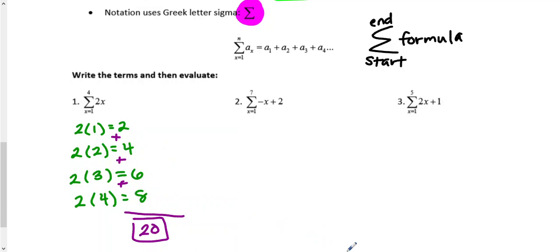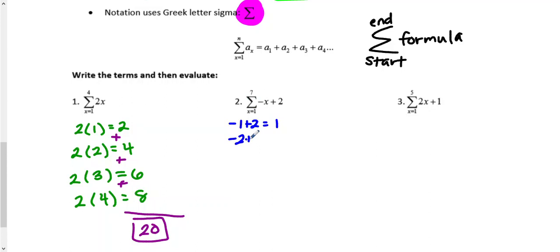Now let's go to number 2. And remember, if this video is going too fast, make sure you pause. Okay, so the number I'm starting with is a 1, so I'm going to plug that in for my formula. And I'll get -1 plus 2, and that equals 1. And I have to go all the way up to 7.